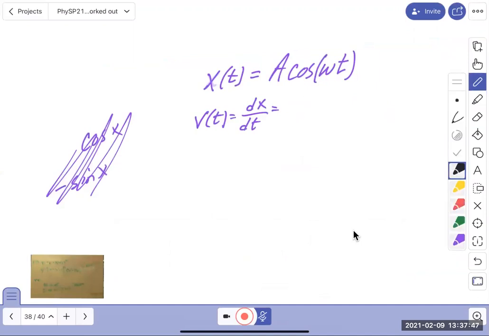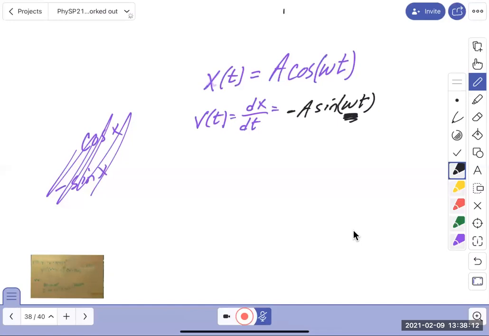So that's negative a sine omega t, and that's me taking the derivative of the whole thing, treating it all as one. And then I got to go in and take the derivative of what's inside the suitcase. What's inside the suitcase is omega t with respect to t, okay?